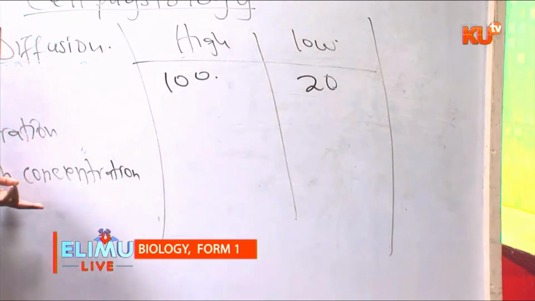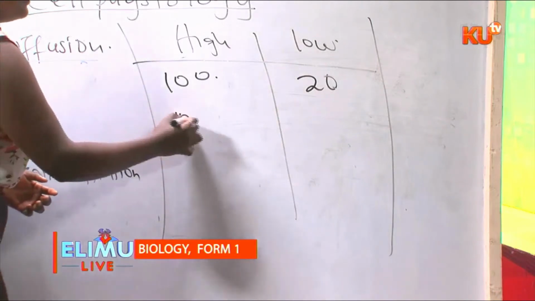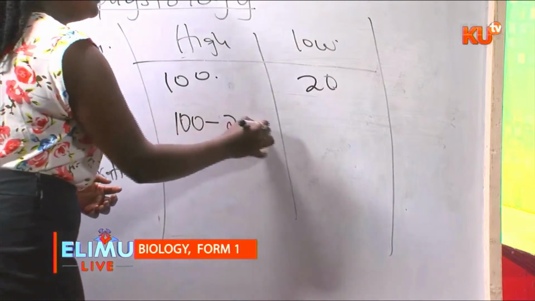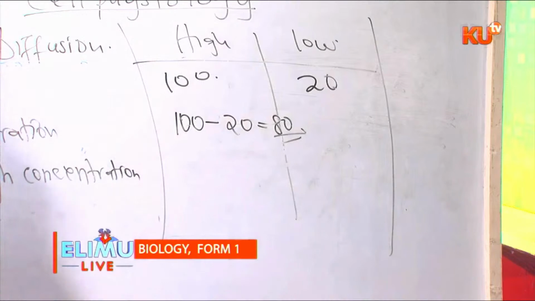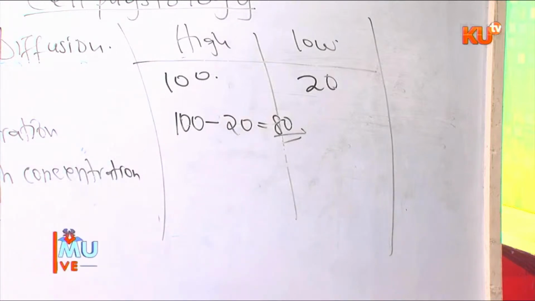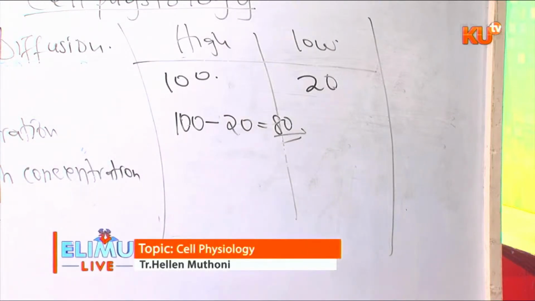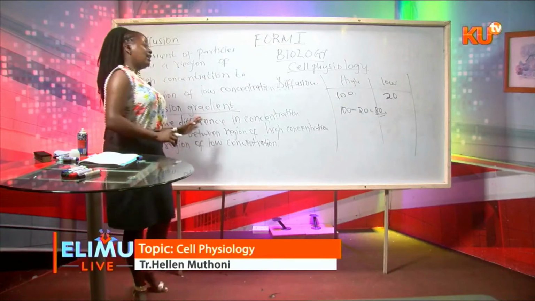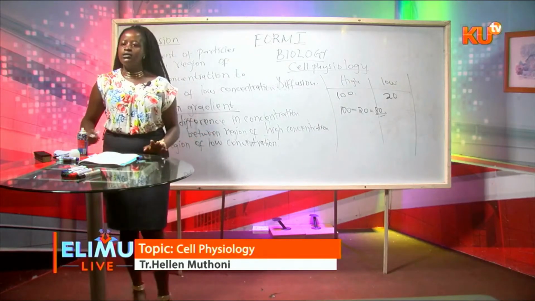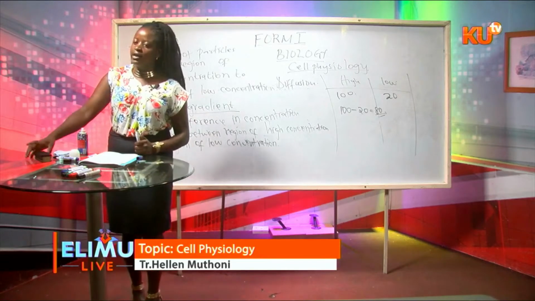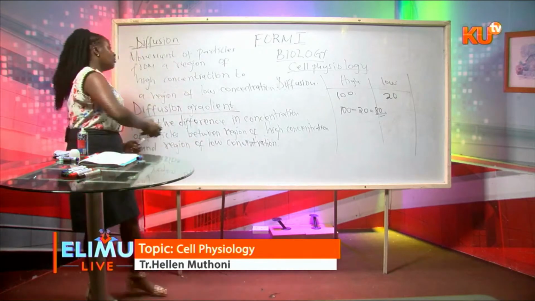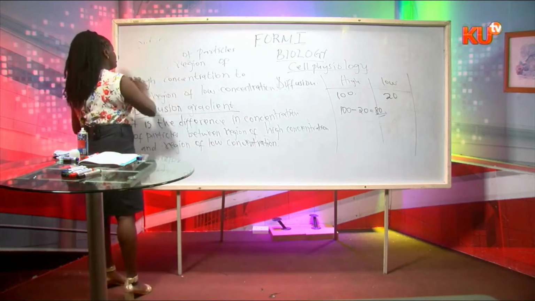So diffusion gradient is simply 100 minus 20. That is 80. This is what we are calling diffusion gradient. It is the difference in the particle concentration. The high region minus the low region, you'll get that difference. Diffusion gradient can also be called concentration gradient.